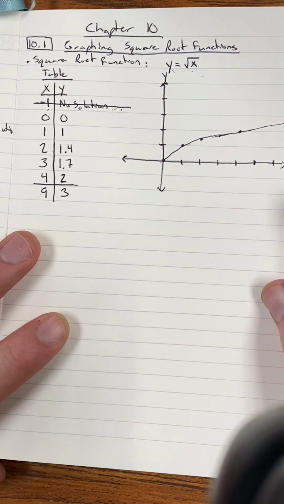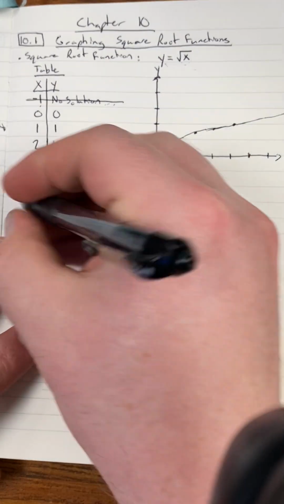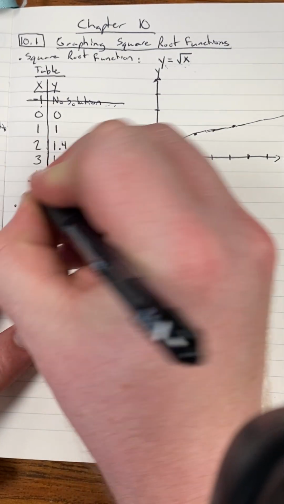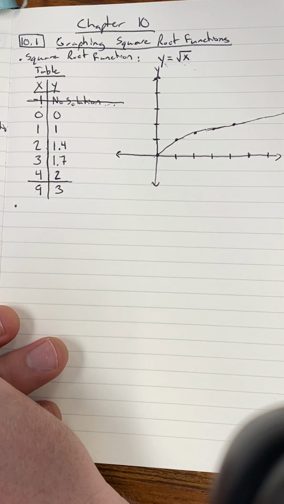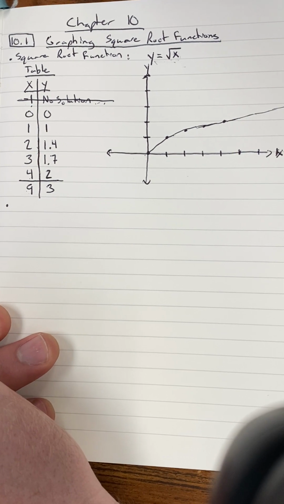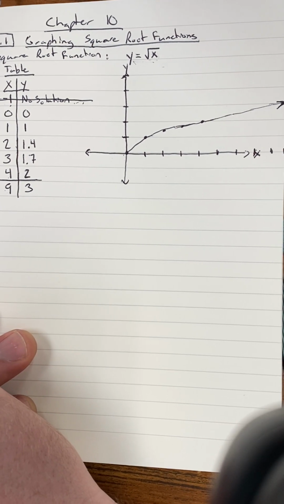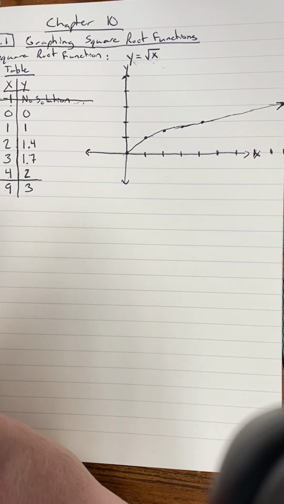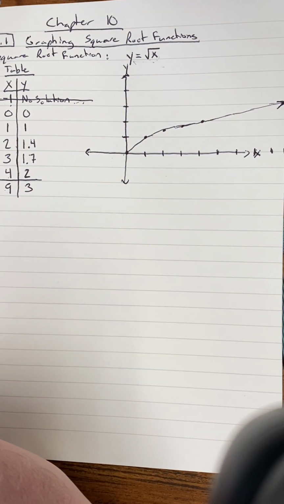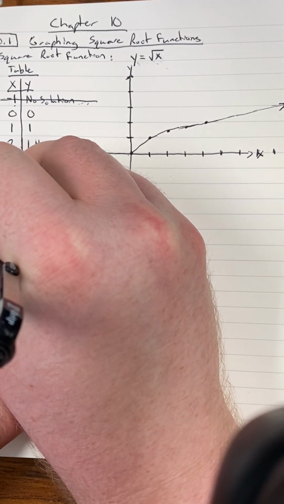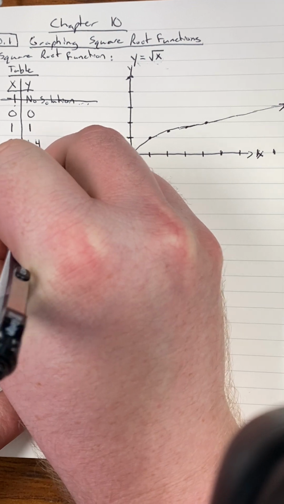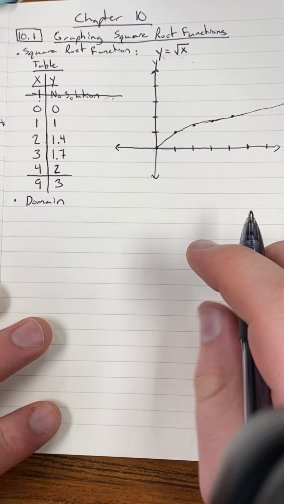Okay, so let's talk about the domain of this function, because this is probably one of our first functions that we've ever seen all year where the domain is what we want to specify. We normally have a different range. Normally the range is doing something weird. But in this case, our domain is not just going to be all real numbers, right?